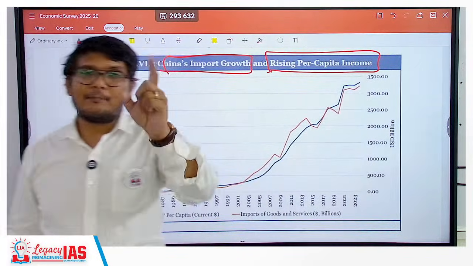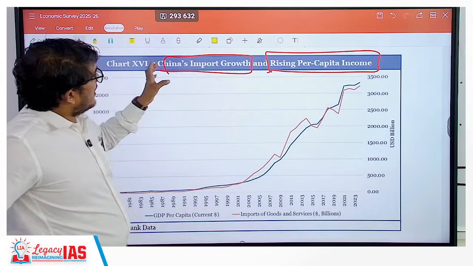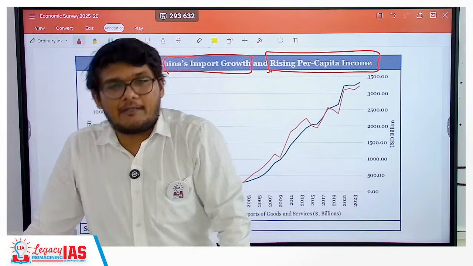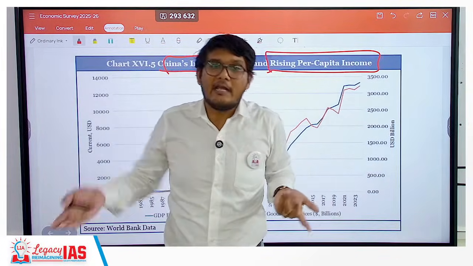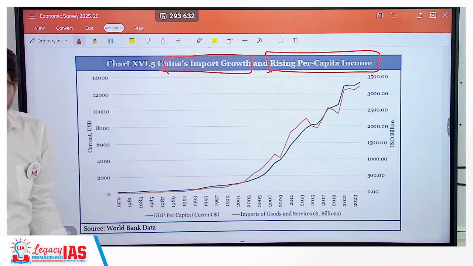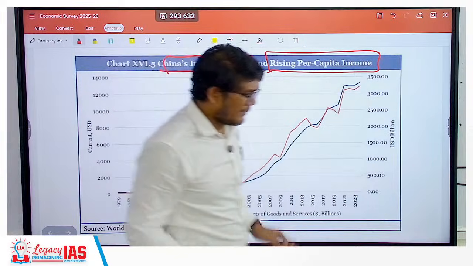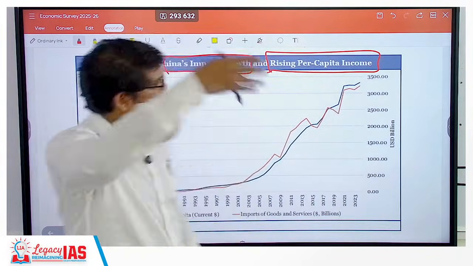Now I have said in the beginning of the economic survey that the increase in import as such is not bad. Why? The people are having more per capita income, so they may spend, and that is what has happened with China. That is the example the economic survey has given, showcasing that import need not necessarily be bad, and with increasing per capita income, imports may increase.